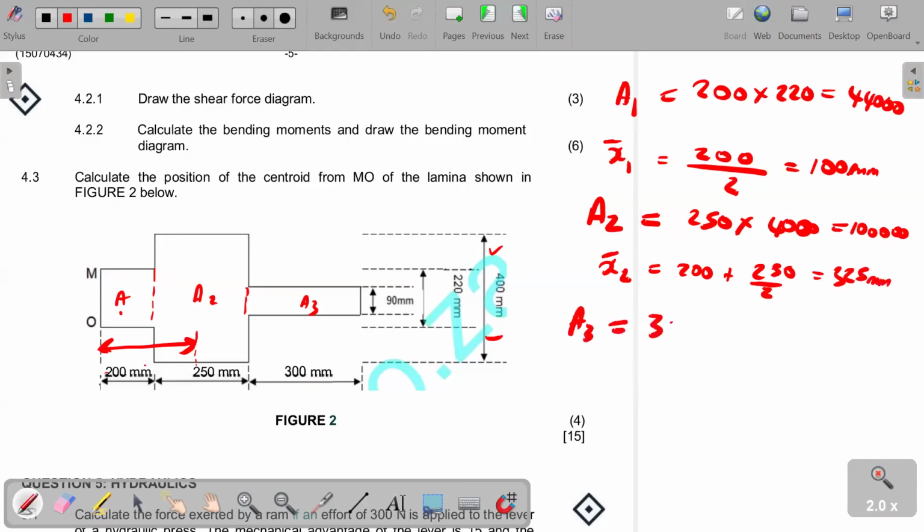A3 is 300 multiplied by 90, and that in turn gives us 27,000 square millimeters. So this was square millimeters, of course, and this was square millimeters as well here.